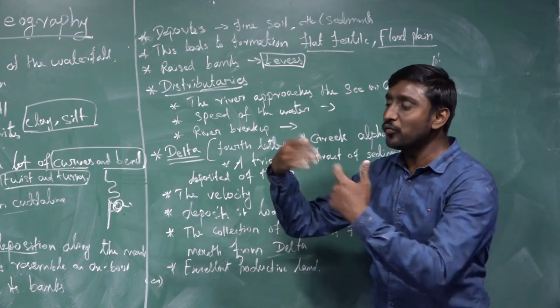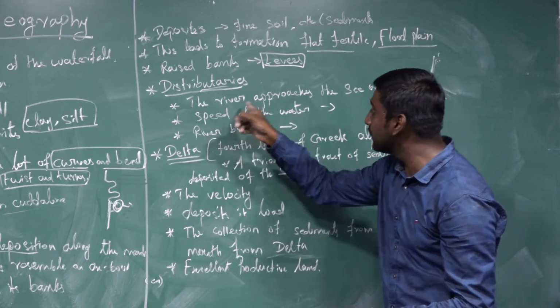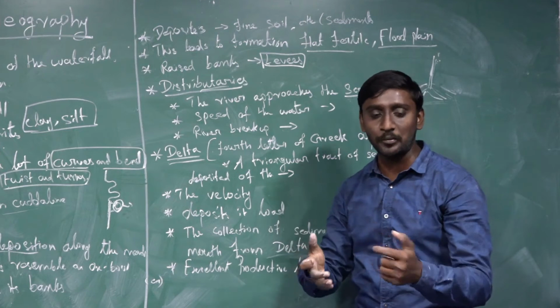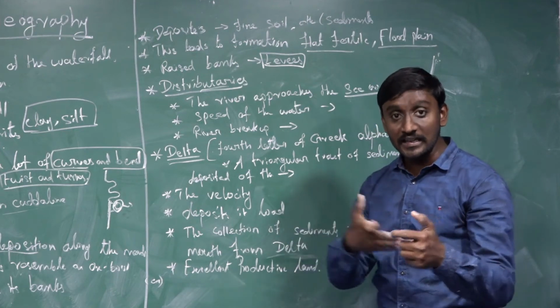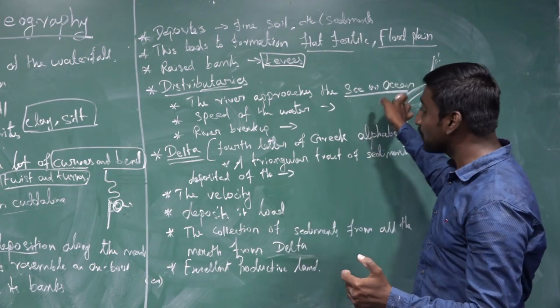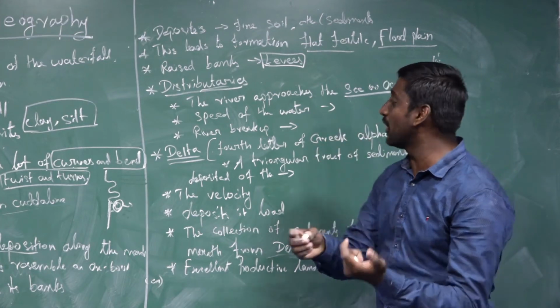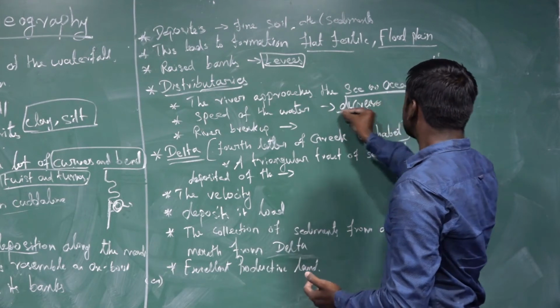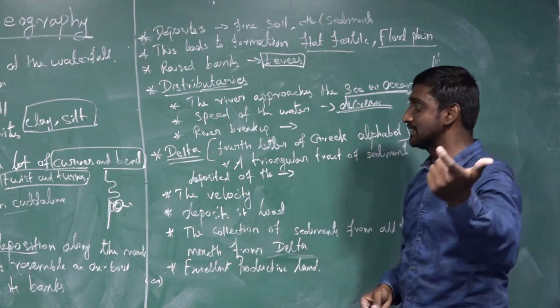How are distributaries formed? When the river approaches the sea or ocean, nearby, the speed of the water decreases.